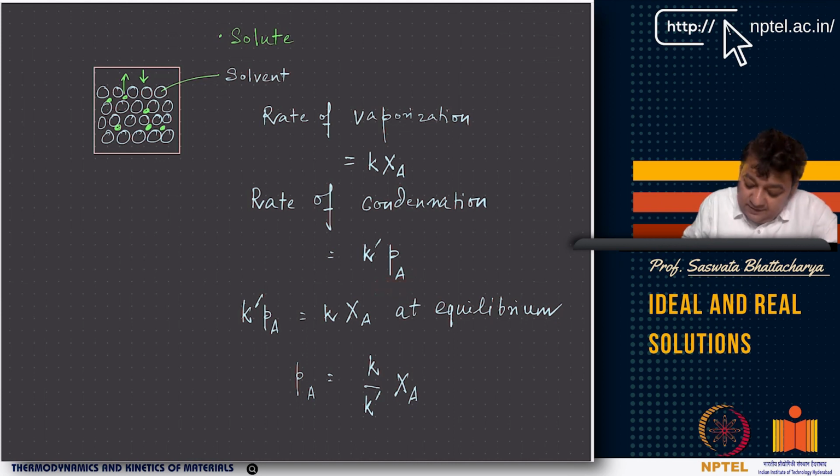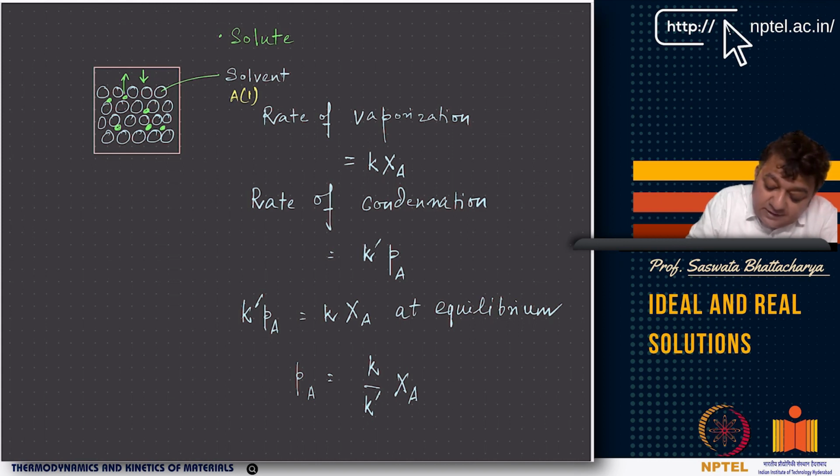Now, if you see K prime PA, at the steady state or at equilibrium, these rates are equal, right? K XA equals K prime PA. Rate of vaporization: the solvent can vaporize, and the solvent can also condense, because if you have a solvent in the liquid state, there is also A in the gas state, which is in equilibrium.